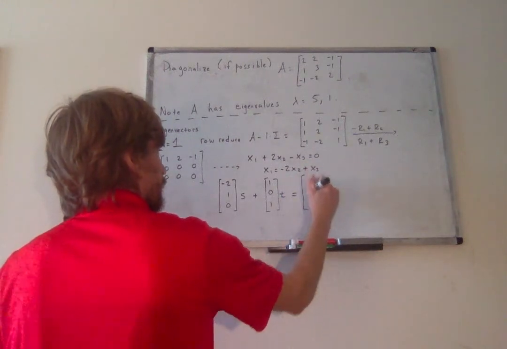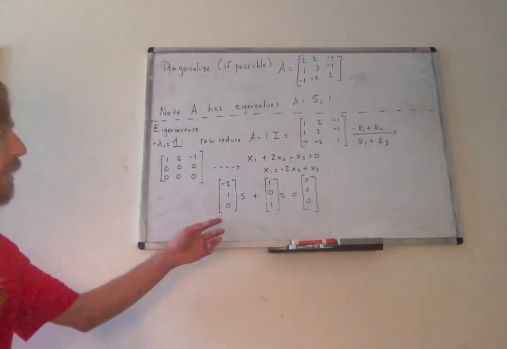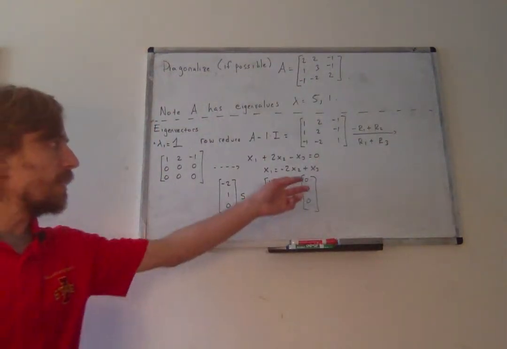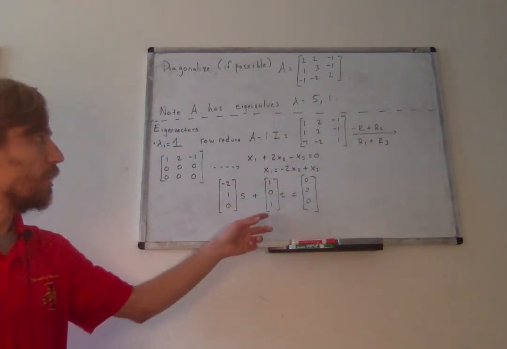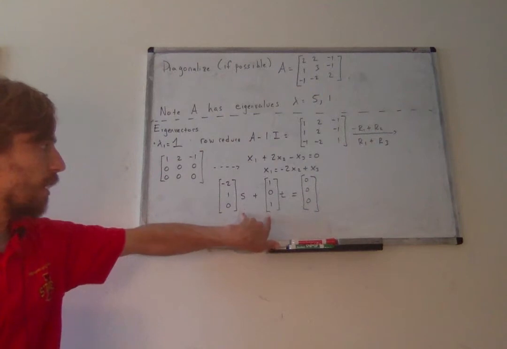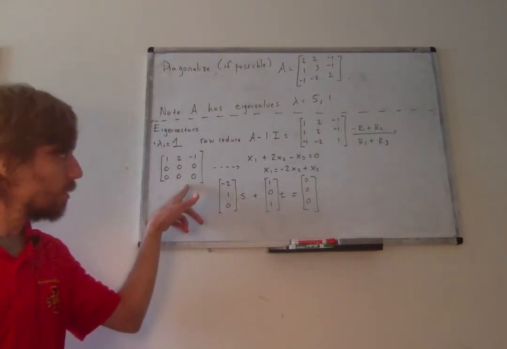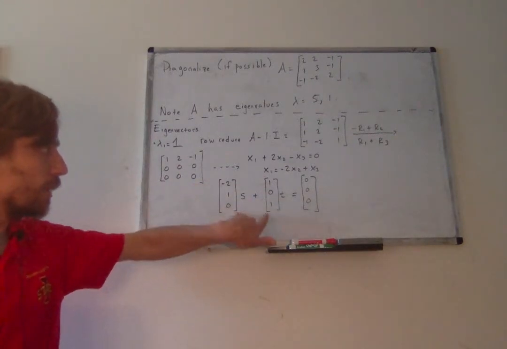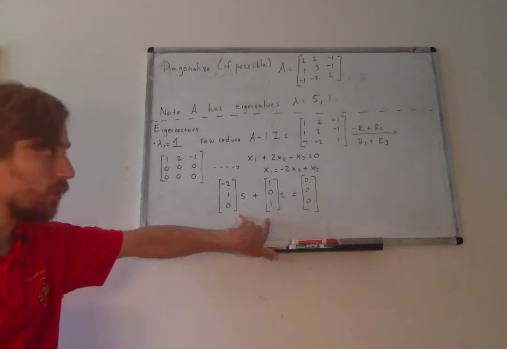Where S is a free parameter, just a real number corresponding to whatever value I were to give x2, and T is a free value, or just free parameter, corresponding to the value I'd give x3. But notice that every solution to this homogeneous equation represented by this matrix is a linear combination of these 2 linearly independent vectors.